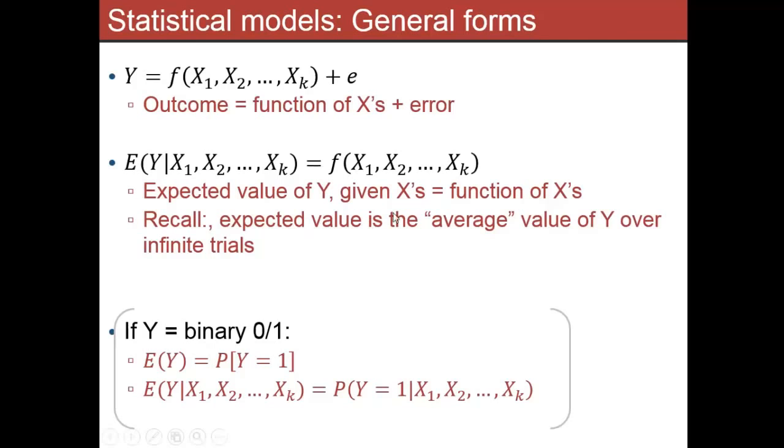And so, in the binary sense, what we're really saying is that the expected value of y, when we're talking about a binary process, is the probability of the process. So, let's say this is death, and the probability of death in some period of time is 0.3.